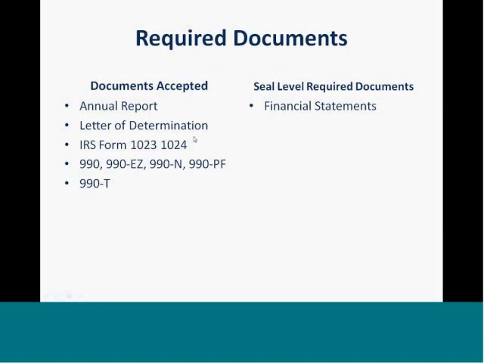It will be clearly marked as nonprofit provided 990, and will remain on the site. 990s provided by the IRS are the official 990s, and those are clearly marked as IRS provided 990s. And then seal level requirements are the financial statements. So if your organization is required to have an audit, you will be required to have financial statements, and I will go through a section where you can find more information about that.